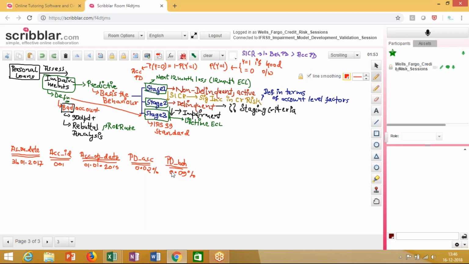Right. So obviously you can see that the behavior PD is greater than the acquisition PD. Hence the account's SICR flag is 1.